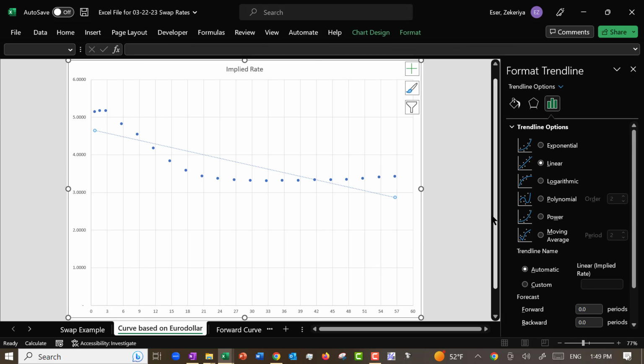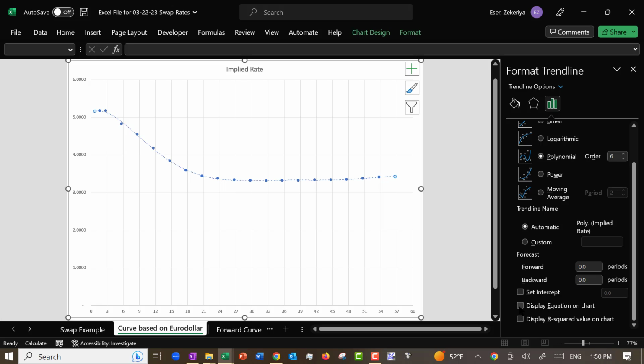Let's call it polynomial. Well, the maximum I can do is 6. That kind of does a nice little fit, right? And you could say display equation.